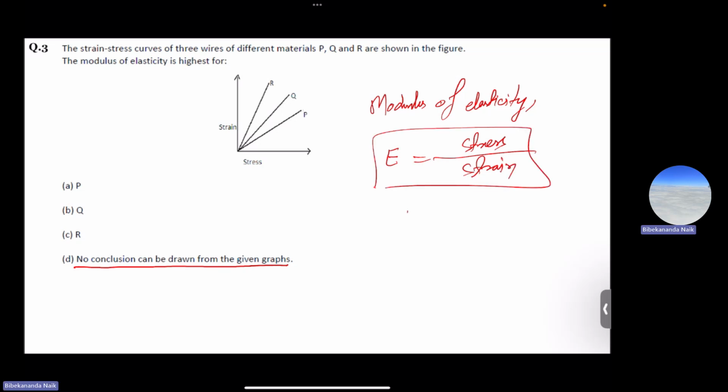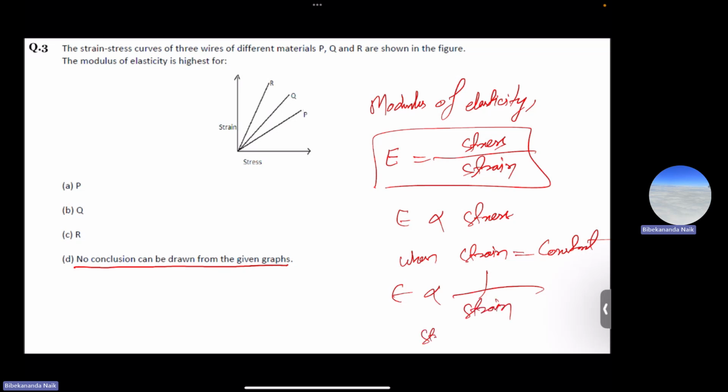So E is directly proportional to stress when strain is constant, and E is inversely proportional to strain when stress is constant.